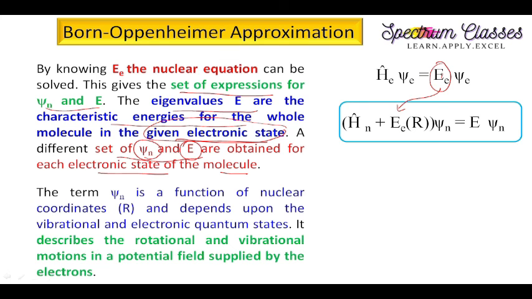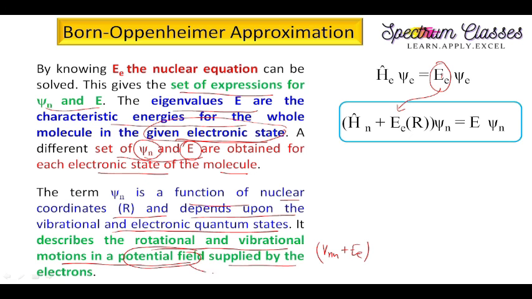To understand further, the term psi n is a function of nuclear coordinates and depends upon the vibrational and electronic quantum states. It describes the rotational as well as vibrational motion in a potential field supplied by the electrons. Why are we saying potential field? This comes from Vnn plus Ee, and this gives us potential energy surfaces.